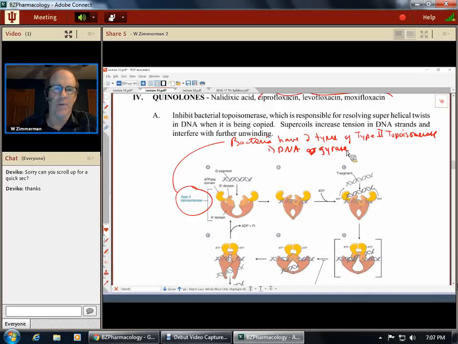As we'll see in the diagram below, if you don't remember, type 2 means you cleave both of the DNA strands. So there's the DNA gyrase, and that's used for supercoiling regulation. But there's also topoisomerase 4.